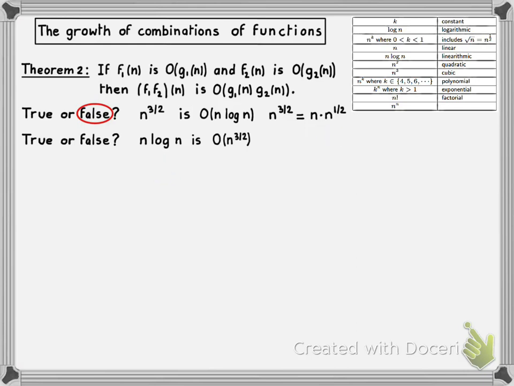Since n is identical to n and log n grows no faster than the square root of n, the product of n and log n is indeed upper bounded by the product of n times square root of n, in other words, this function. Therefore, the answer to this problem is true.